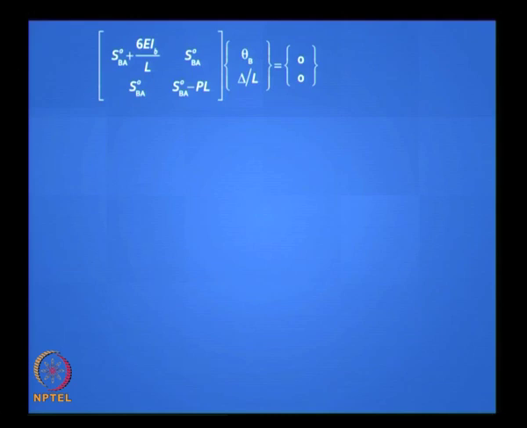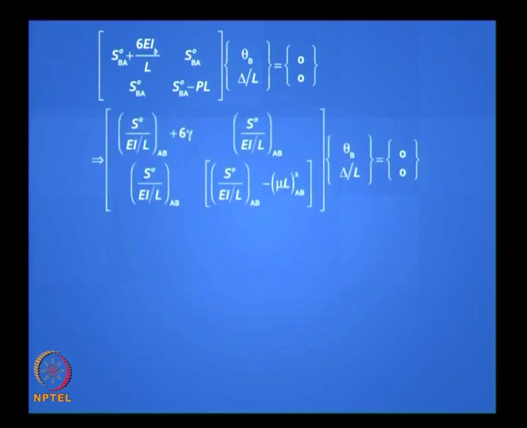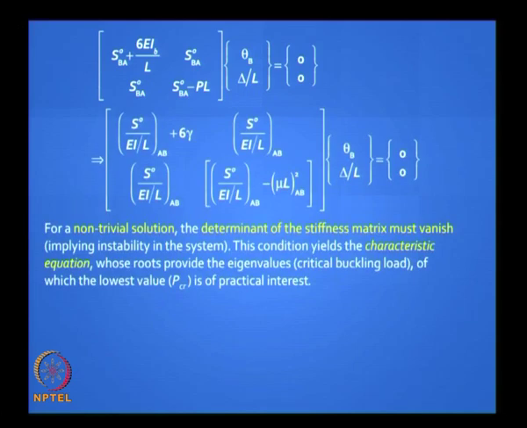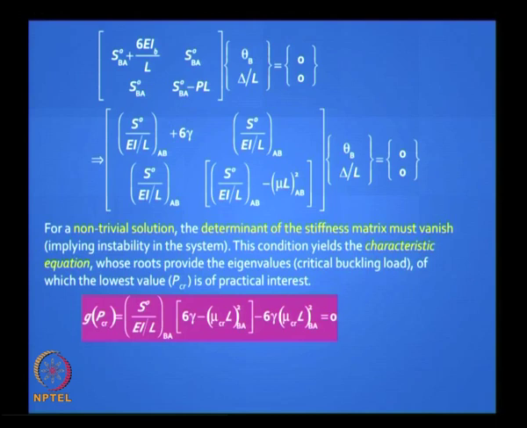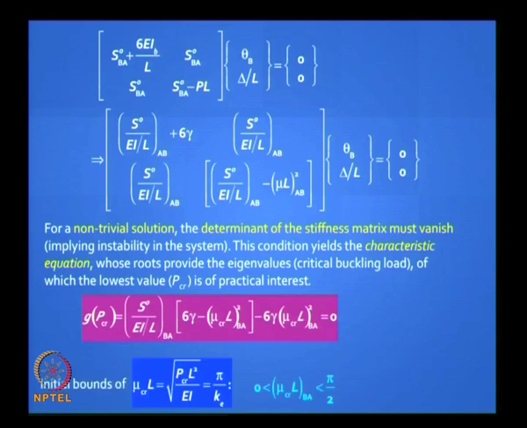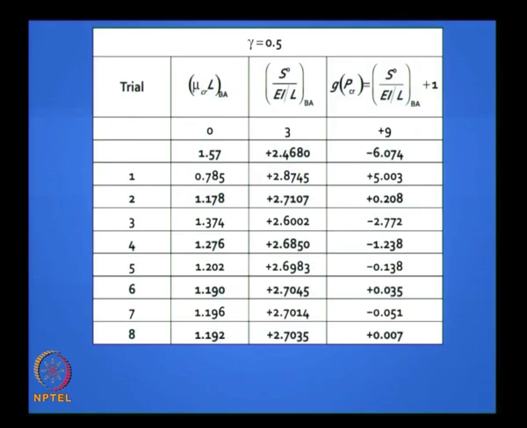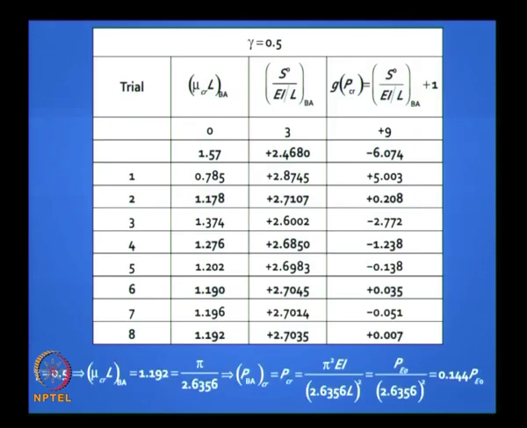What should we do? We should write down the determinant as equal to 0, and you will get a function in terms of P critical. Again the two bounds are infinity and 2, but 1 divided by infinity is 0. So your values are 0 and pi by 2. Solve by the bisection method, you get another set of solutions.